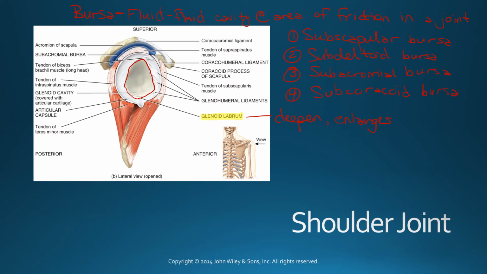So you can see one of the bursae here, the subacromial bursa. It looks like this weird blue sac here, which I've circled. This cavity reduces the friction at a joint.